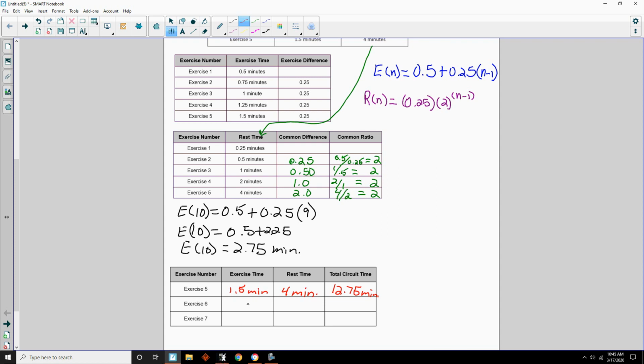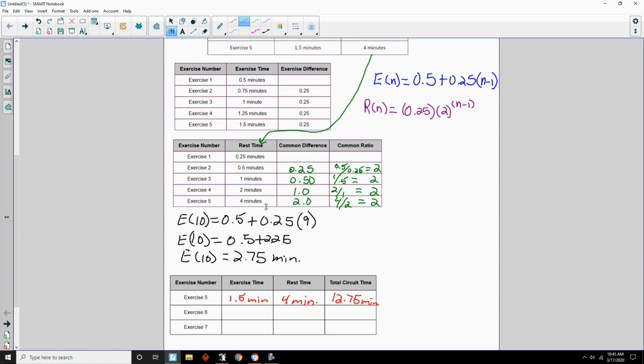Okay, then exercise 6. Now exercise time is going to be, how much is exercise time increasing? That was our arithmetic. So we were adding 0.25 every time. So that would be 1.5 plus 0.25, which is 1.75 minutes. Rest time was geometric. So we're multiplying by 2 each time.